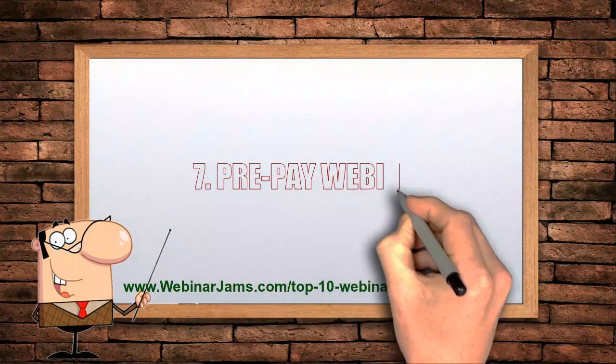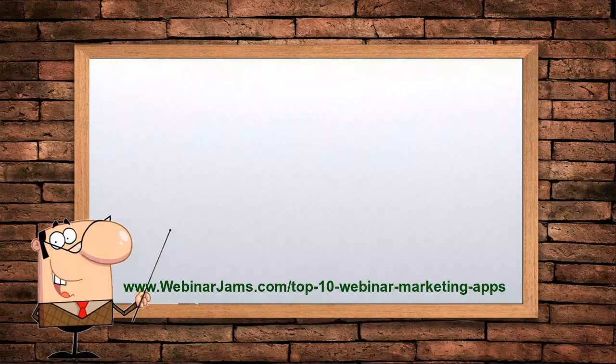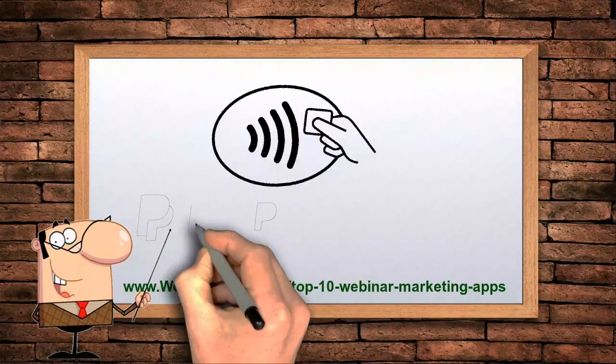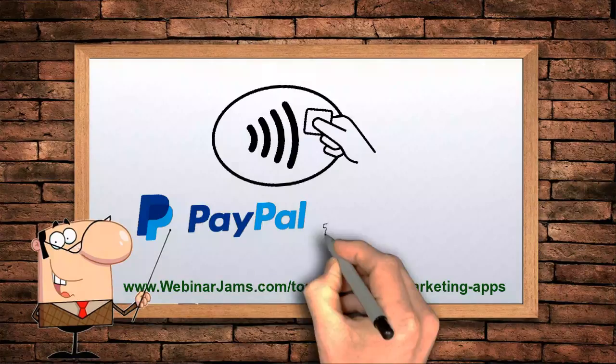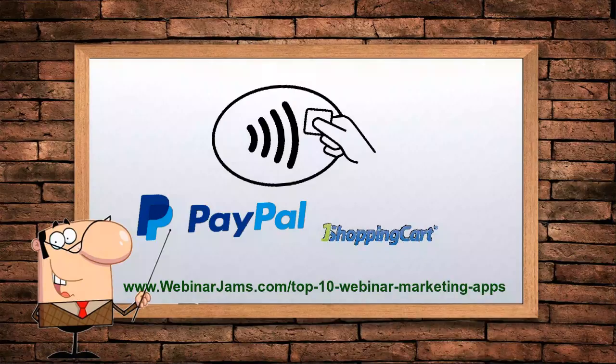Number 7, pay to register for a webinar. Want to set up a webinar that attendees must pay in order to register? Perhaps you want to set up a live consulting session or teach a class. No problem. This tool allows you to set up your preferred payment gateway, whether that's PayPal, ClickBank, Infusionsoft, iShopping cart or your own merchant account.